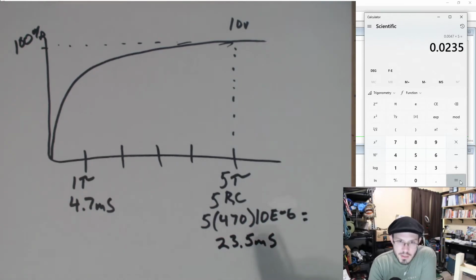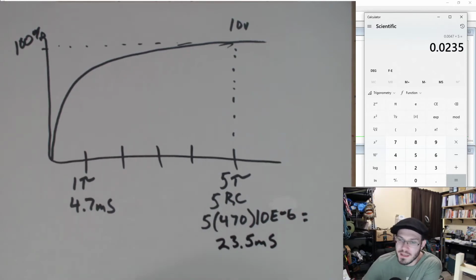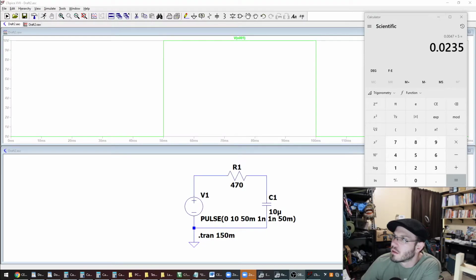Okay. So as soon as I measure the voltage across the cap in LTspice, it should take 23.5 milliseconds to reach 100%. So let me go back over to LTspice, and let's now measure the voltage across the cap.